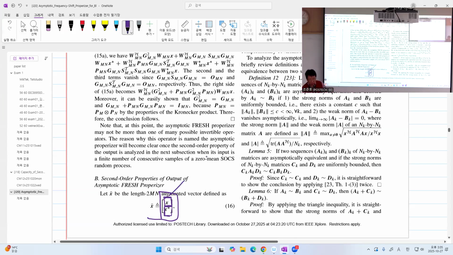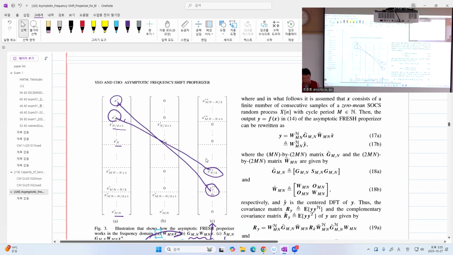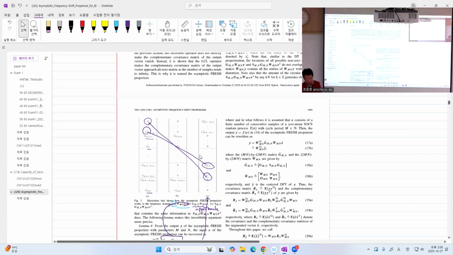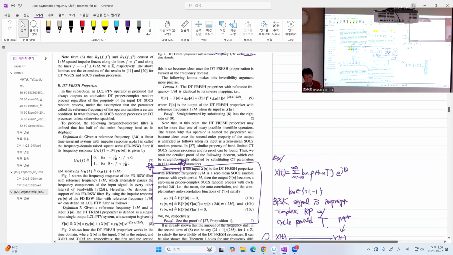So we do something similar, and then this augmented signal is filtered. Got it? So that is the way we took in this paper. As I told you, there are many possible different methods for fresh properizing a random process, right?